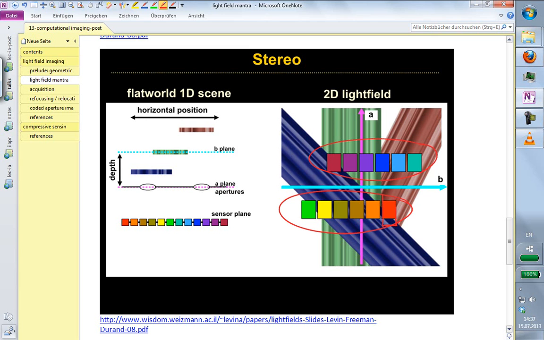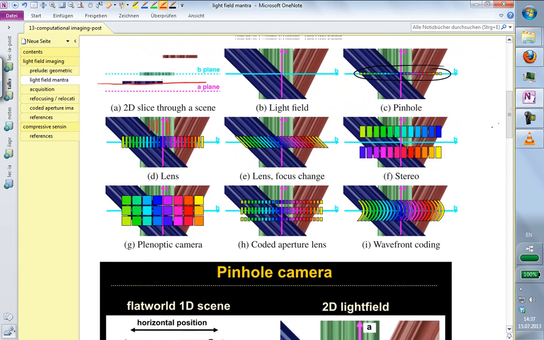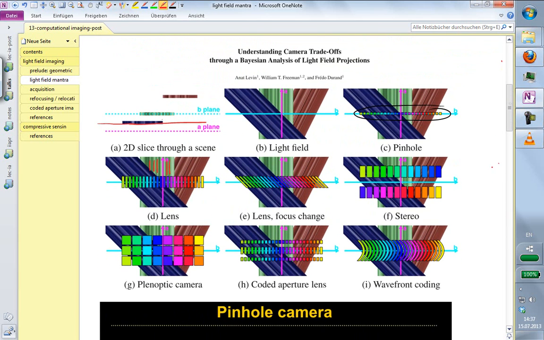So probably we also integrate a little bit over these directions here. So with a stereo camera, we've now covered more of our light field. However, we had fewer pixels per image. Can we see that in our overview?